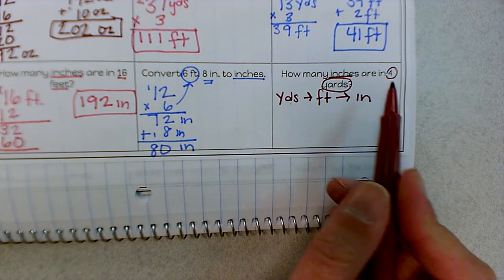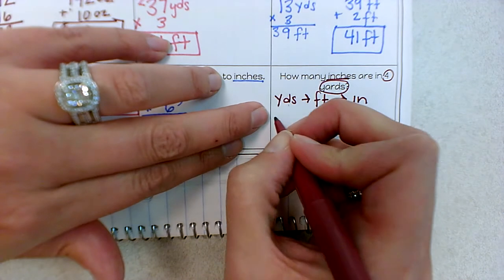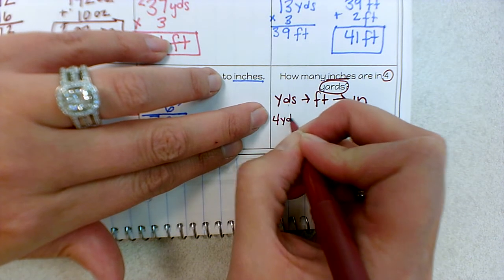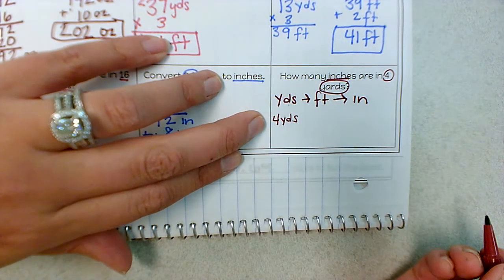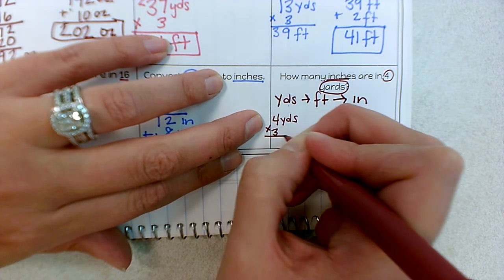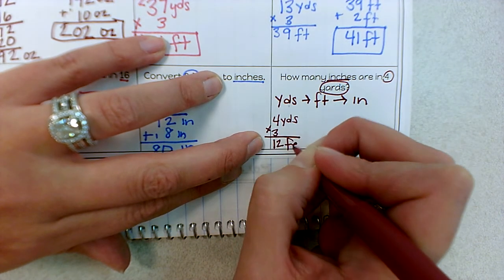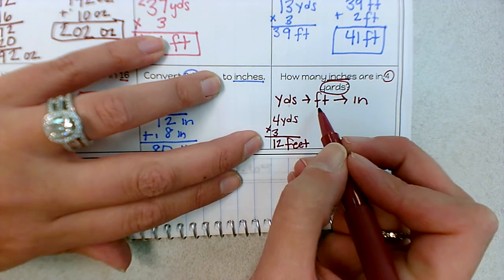Notice I'm going from yards all the way to inches, so I've got to do some extra converting. So first I want to figure out, if I have 4 yards, how many feet will that be? Well, inside every yard is 3 feet. So I'm going to multiply and say 4 times 3 is 12. So now I have 12 feet.